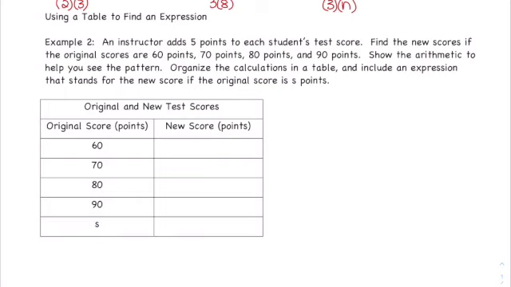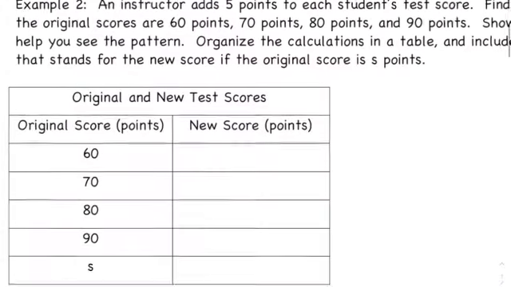So the original scores are those, and the teacher wants to add 5 points to each student's score. Notice the story problem is very long, but it's not very hard. The instructor wants to add 5 points to the test score. So if you have 60 right here, and the instructor adds 5 points, that's just 65 points.